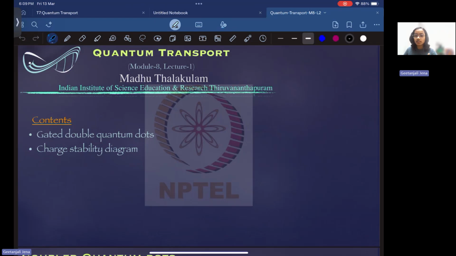If you consider a single quantum dot as an artificial atom, you can imagine the double quantum dot as an artificial molecule, because there are two quantum dots coupled to each other, and we can treat it as a single artificial molecule instead of an artificial atom. So let us see in detail the transport properties of the double quantum dot.